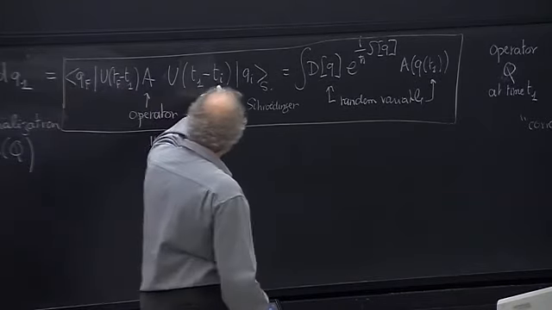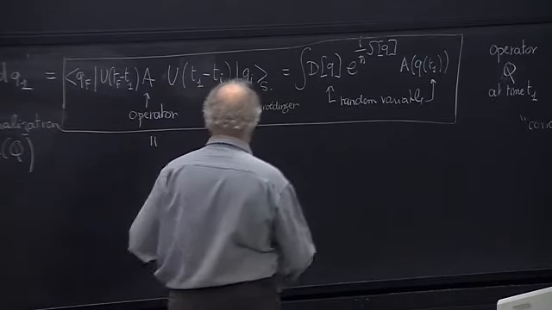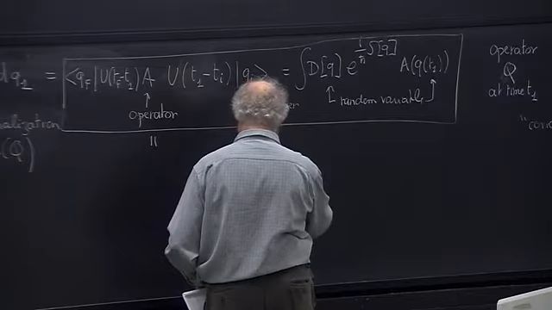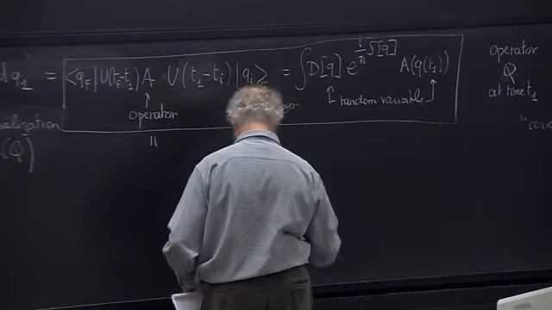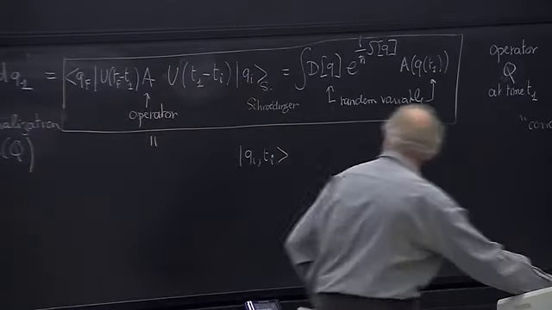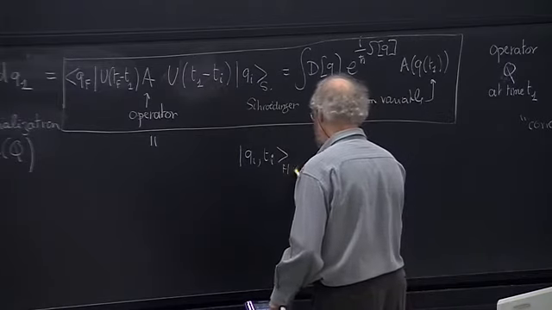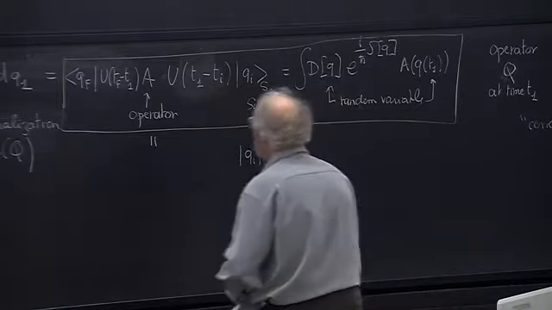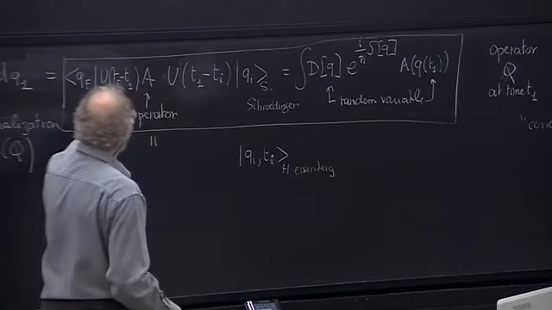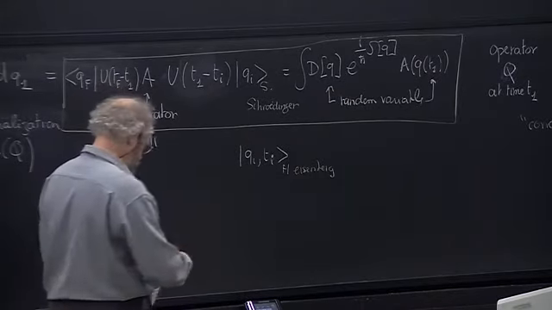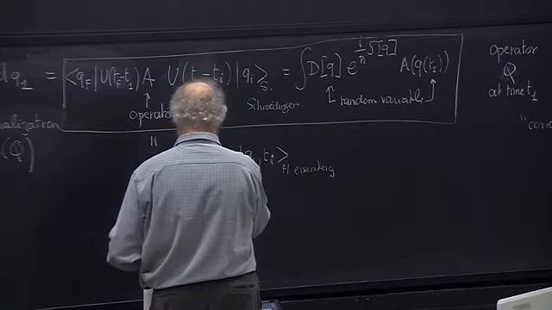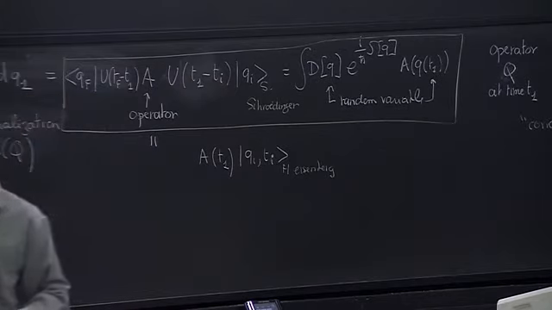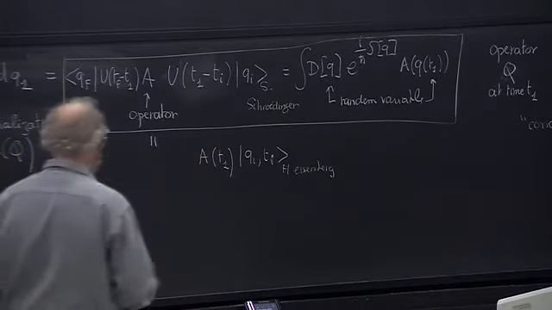So U dagger of Ti times Qi is the initial state Q initial at time T initial in the Heisenberg representation. U of T1 times A times U dagger of T1 is the operator A at time T1 in the Heisenberg representation.